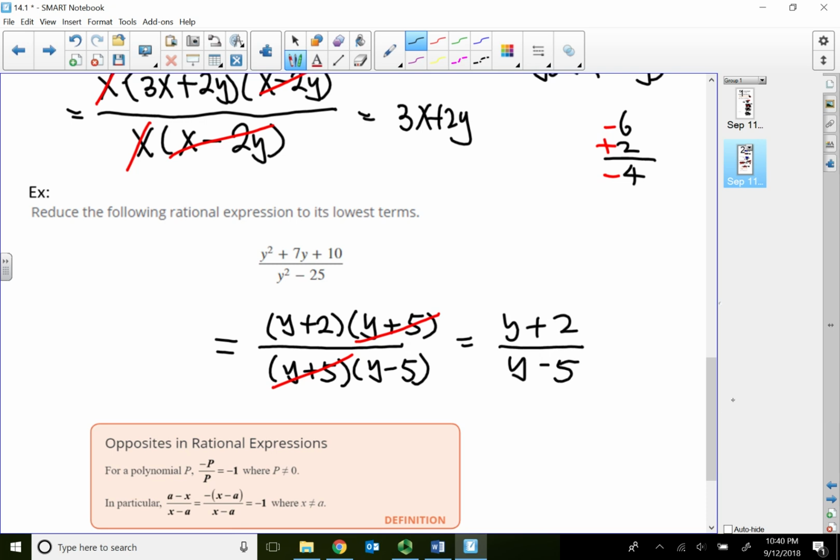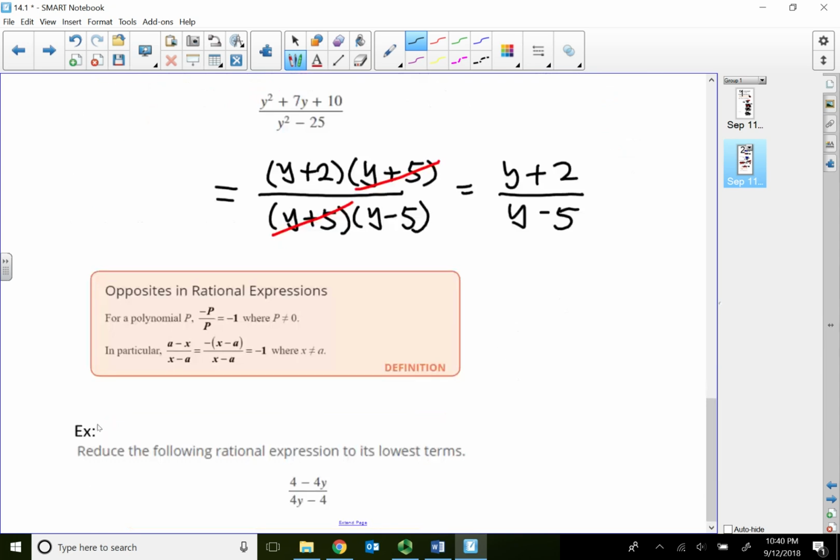All right. Now, one last bit right here: opposites in rational expressions. Basically, what it's saying is for a polynomial p, if you ever see a negative p over positive p, they can actually be canceled out, where the answer is going to be negative 1.